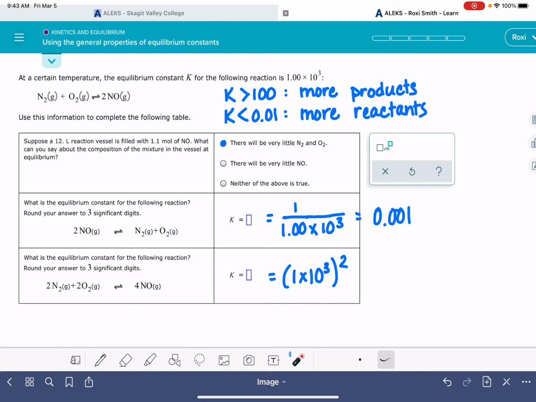If our stoichiometric coefficients were being multiplied by 3, then we would be cubing our value of K. If our stoichiometric coefficients were being halved, then we would take half the exponent, or the square root of K. And again, don't enter it into ALEKS like that. You definitely want to work the math out. So this is going to be 1 times 10 to the 3rd squared, which is 1 times 10 to the 6. I don't need to use my calculator for that. 1 times 10 to the 6.